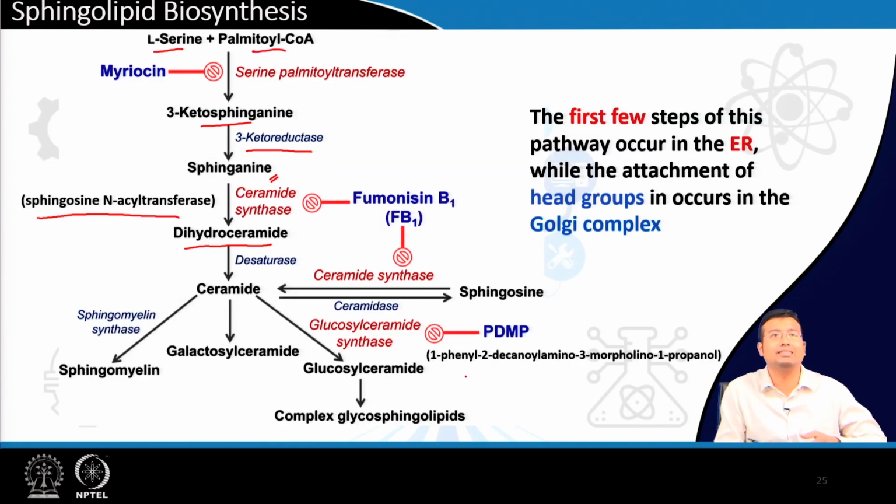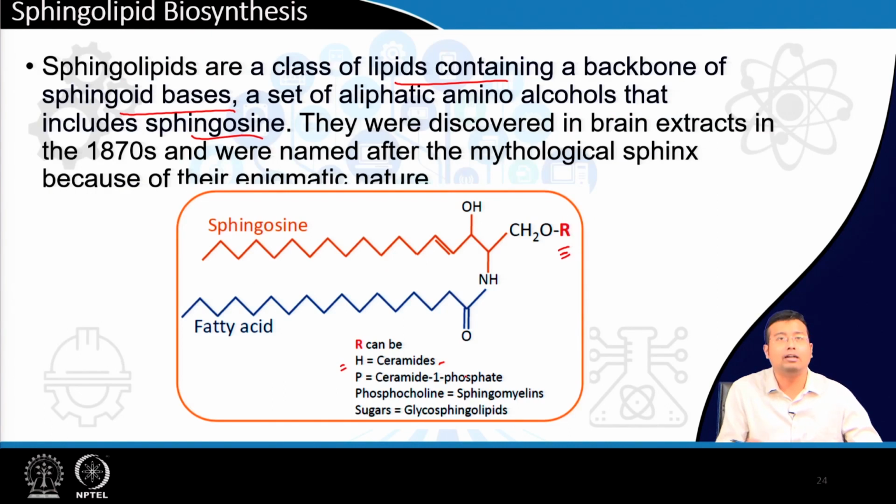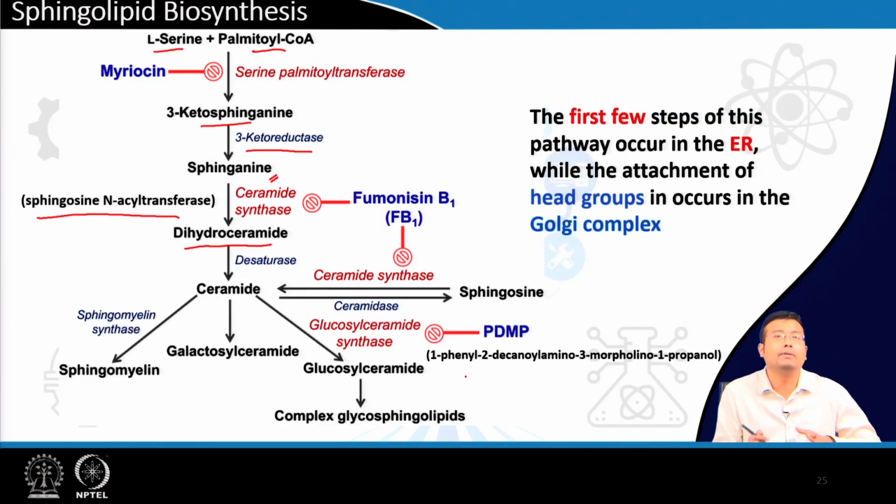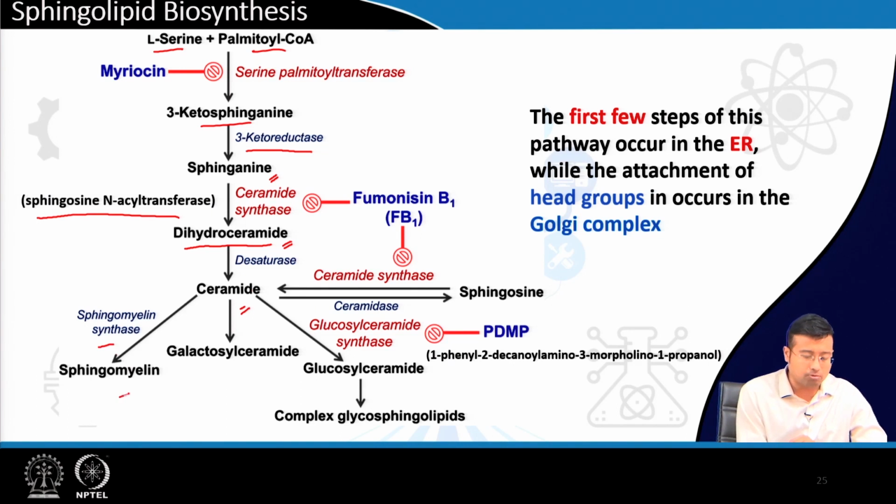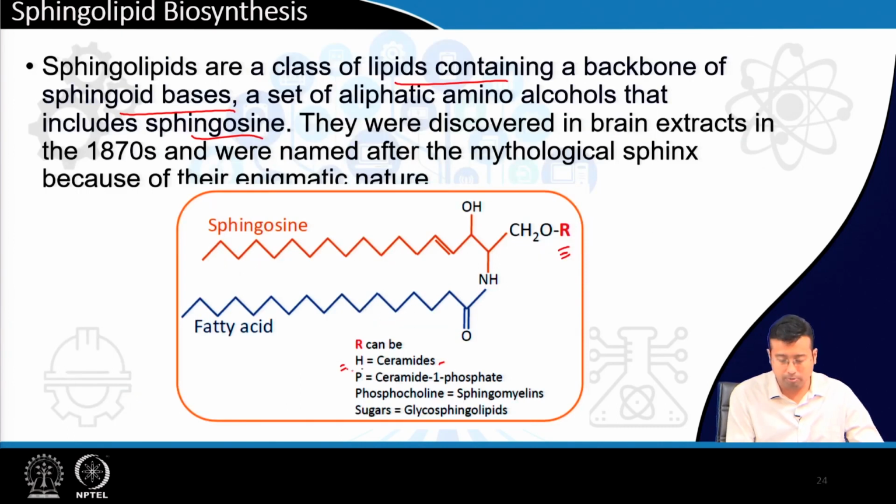So, from the basic structure we can derive multiple structures. So, if we replace the H, we can get multiple complicated versions of sphingolipid. So, this dihydroceramide is then desaturated to form ceramide, and then subsequently with the help of multiple enzymes, sphingomyelin synthase, we can get sphingomyelin, where this H will be replaced by phosphocholine, alright.